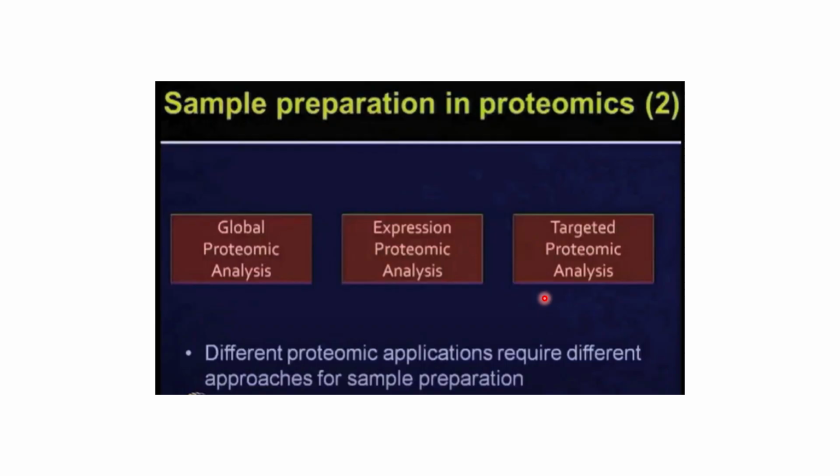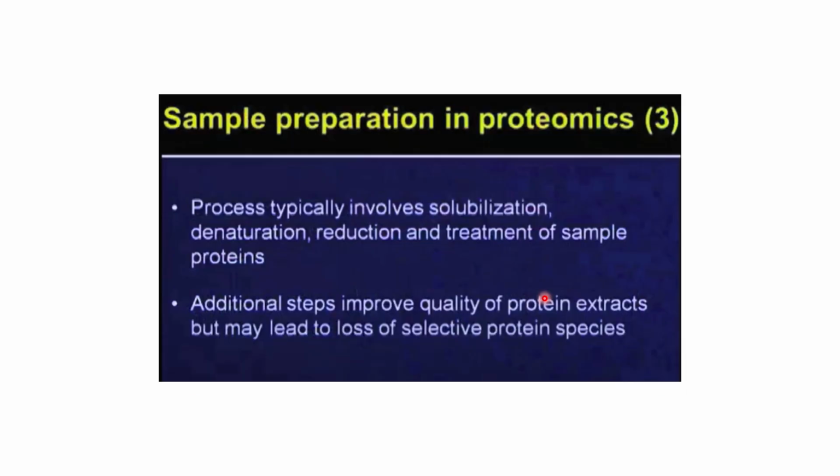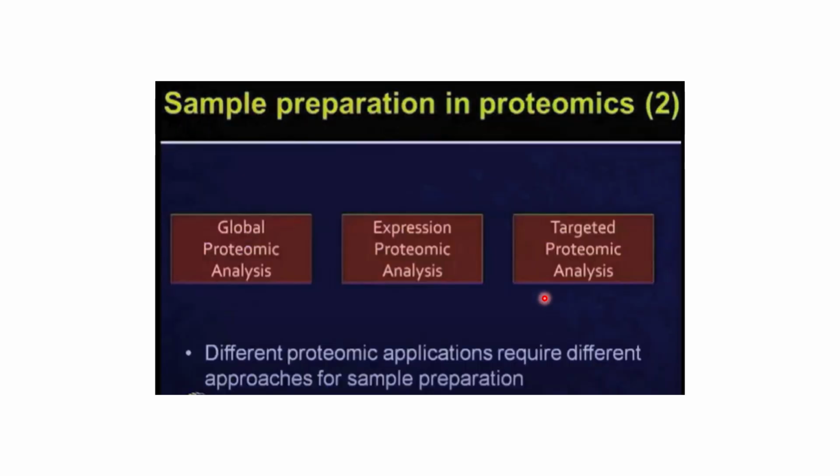Then you try to correlate the standard sample with your main sample and check whether it relates with the standard. You will make different dilutions of the standard, and that will help you quantitate that specific protein present in your sample. So depending upon the aim, your sample preparation will vary.